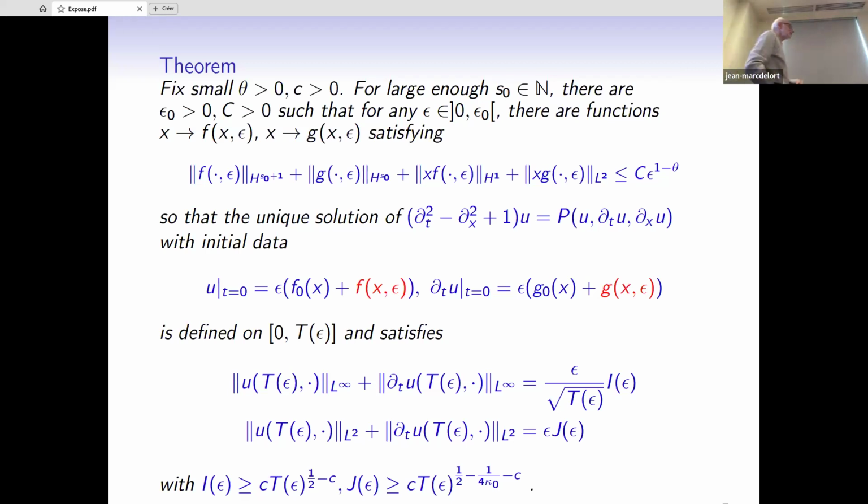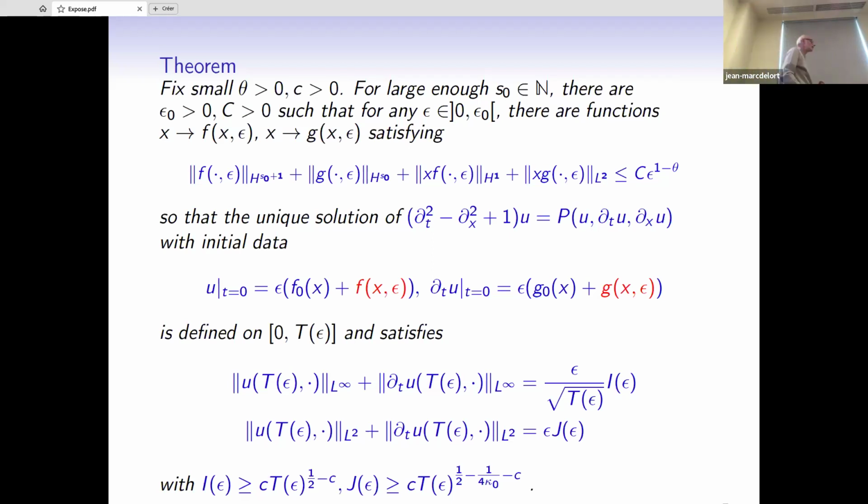What I say is that if I take f0, g0 satisfying the different assumptions that I have given, then I may construct some solution with norm inflation from convenient initial data, starting in a small neighborhood of f0, g0.